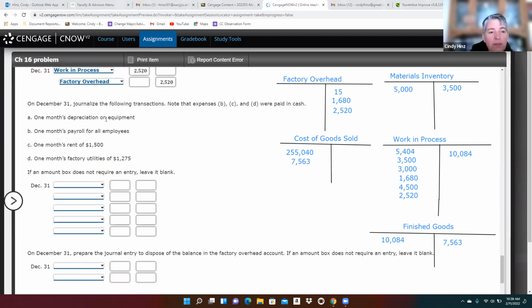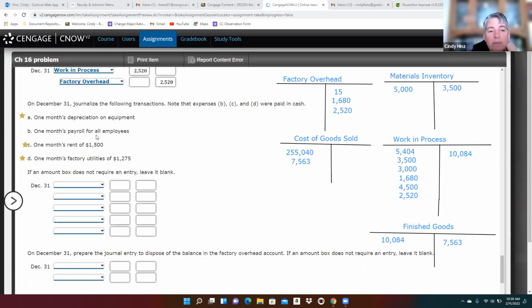The one month's depreciation on the equipment, we said at the top when we talked about factory overhead that depreciation is part of factory overhead. So I'm going to put a little star here. So that depreciation is a factory overhead. The rent and the factory utilities are also part of the factory overhead.